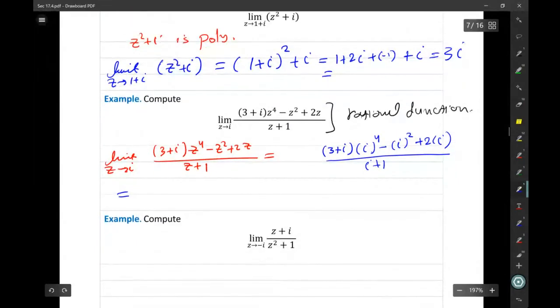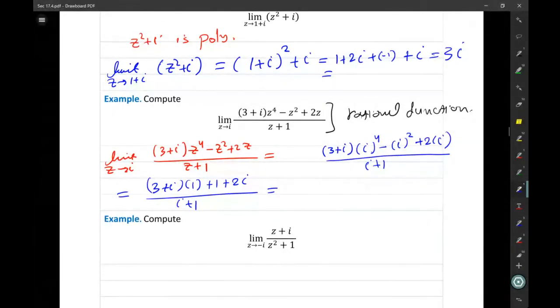Now i to the power 4 gives us i times i squared, which is minus 1, times i, minus i times i, it will be 1. So that becomes (3 plus i) times (1 minus i squared, which is minus 1, becomes plus 1) plus 2i, over i plus 1.